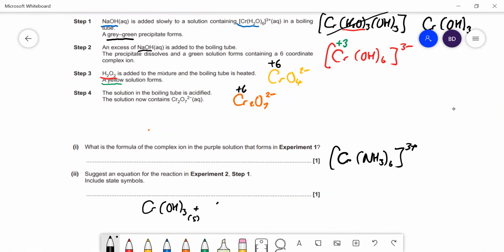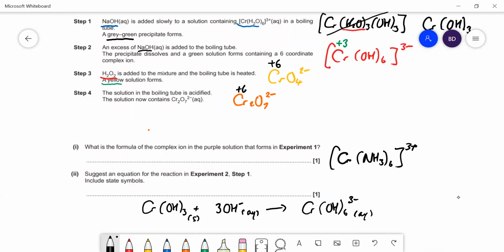We're going to add 3 OH minuses, aqueous, and that is going to give Cr(OH)6, and that's going to have a 3 minus charge. If you prefer, and that is going to be in aqueous solution, that's soluble.